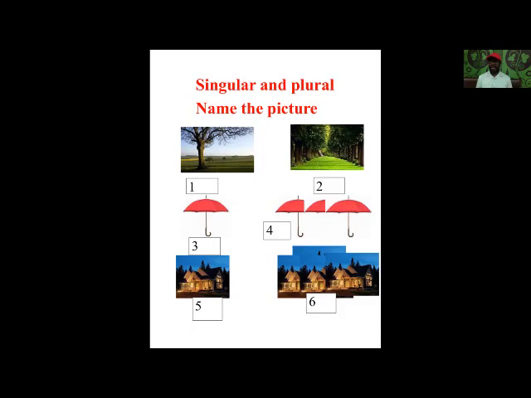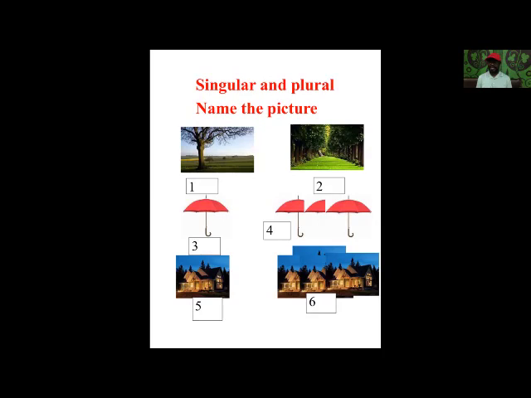Number 1, a tree. Number 2, there are many, so we add S. Trees. We cannot say a trees. That is wrong. There are many. We don't need an article. We say trees.